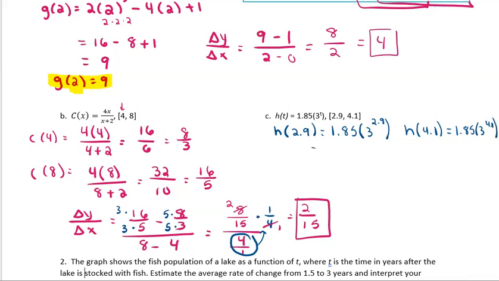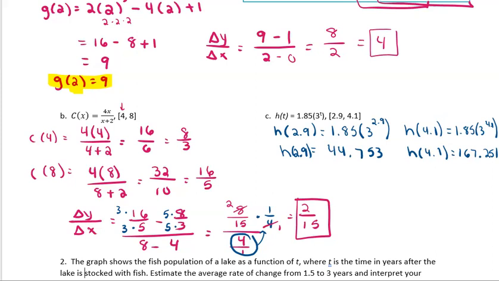So simplifying down, type this one into your calculator. It looks like we will have h of 2.9 equals 44.753. And h of 4.1 is equal to 167.251.